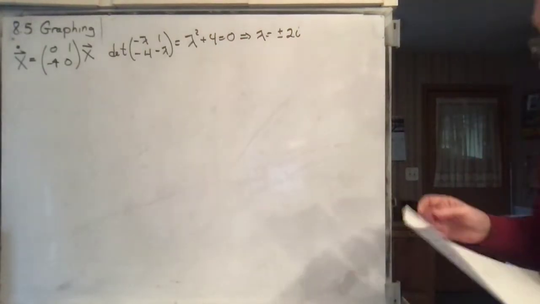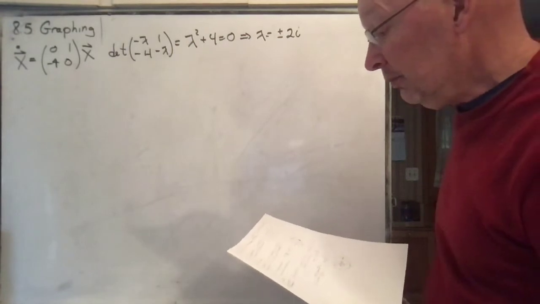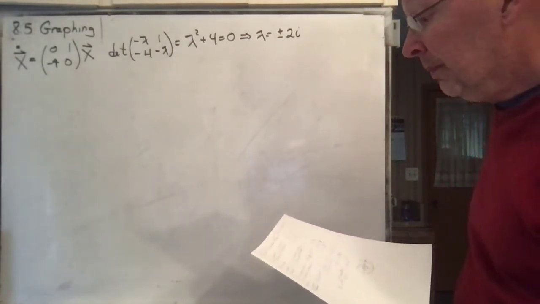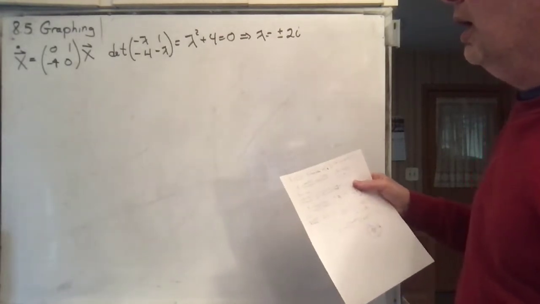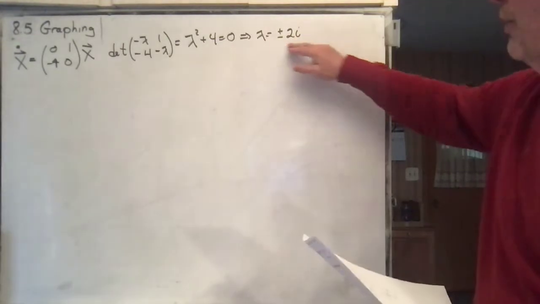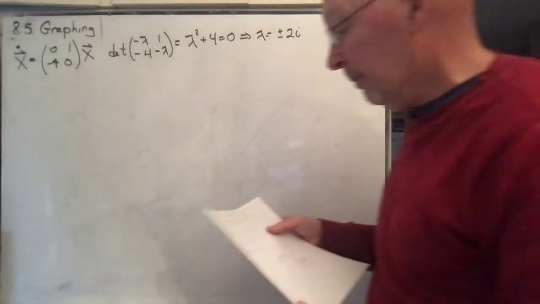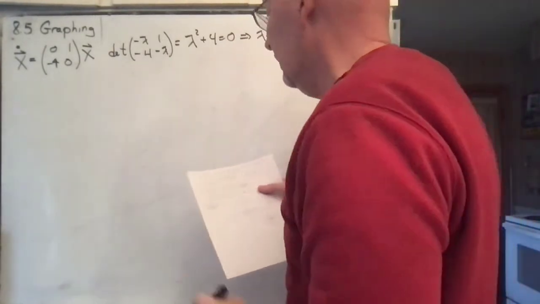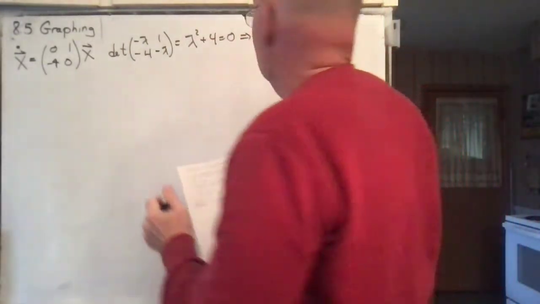What do you do when you get imaginary numbers like that? There's a lot of stuff in the book, but I'm going to give you just the final result. And here's the final result.